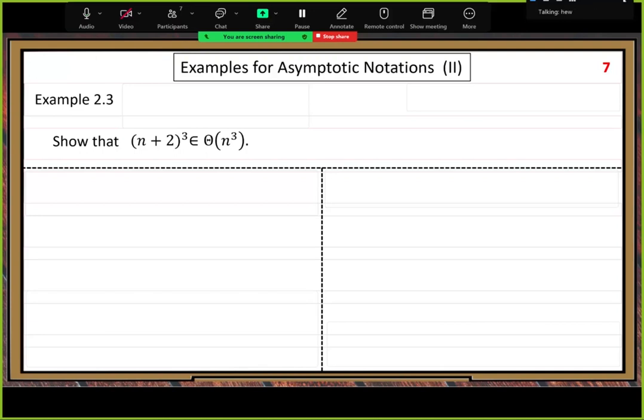Here it's a little harder than our first example, but not too much harder. Although here you can still use the limit way. The limit way still works. So you calculate (n plus 2) cubed over n cubed. One way is you put the cube outside.